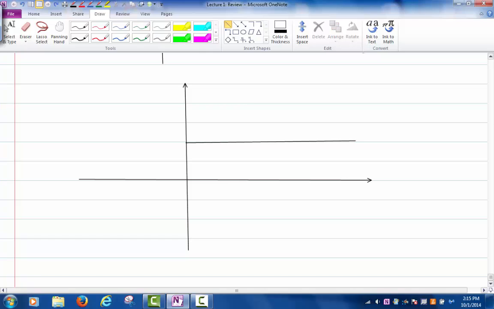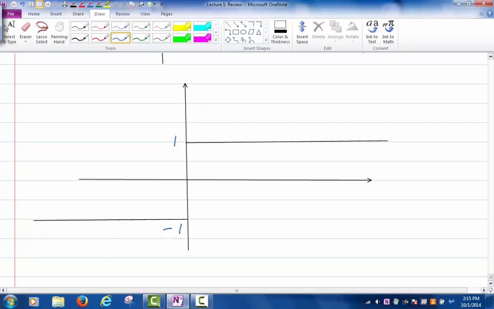Let's say the value of the function is exactly 1 when x is positive, and the value of the function is exactly negative 1 when x is negative.